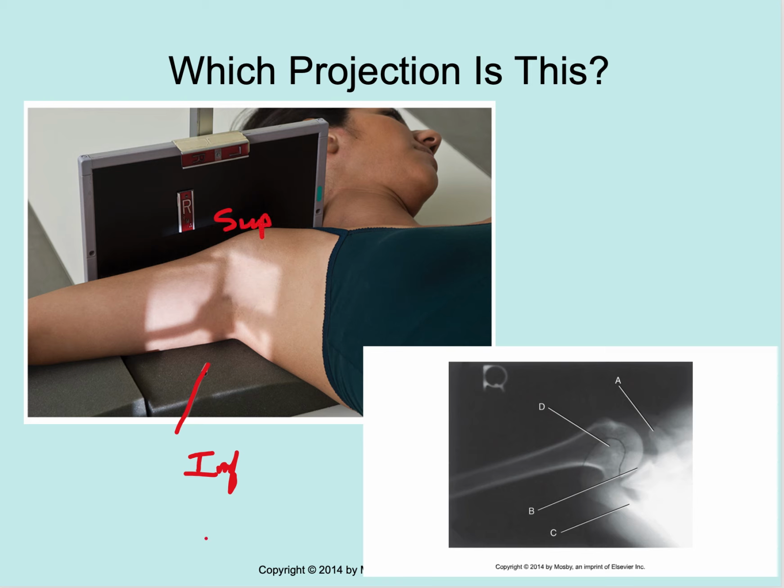So this is an axial inferior superior projection. Okay, and it's going to give us this as the X-ray image of that shoulder. So axial inferior superior projection.